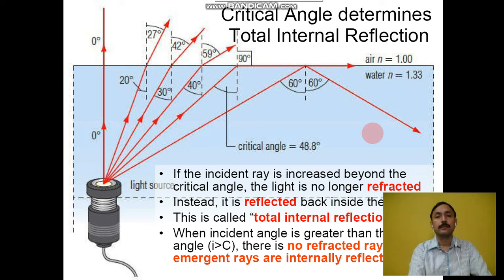When light falls on a denser medium at more than the critical angle, instead of refraction, the light will be reflected back inside the medium. That is, there are no refracted rays. All the emergent rays are internally reflected. This phenomenon is known as total internal reflection.